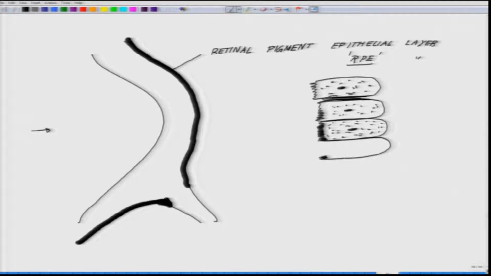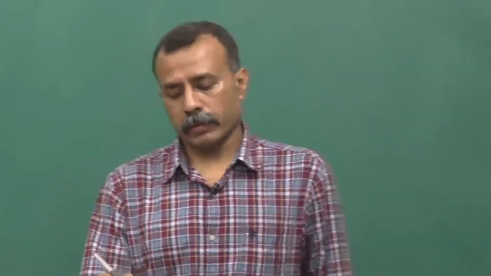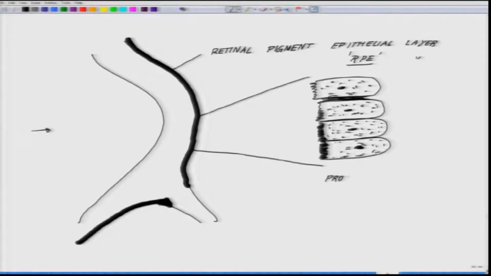So, this is part of that layer. This retinal pigment epithelial layer does two things. First, it provides nutrients to the rod and cone cells.